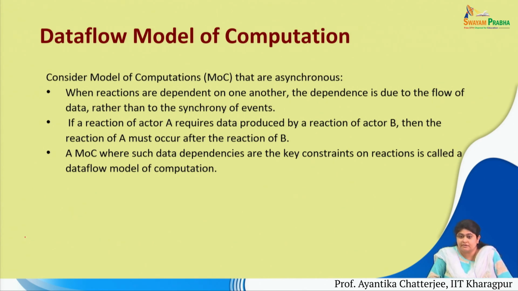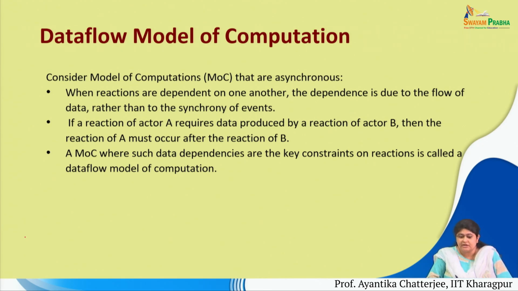Now, by dictionary meaning, we know that asynchronous means not in time, right? So why are the components asynchronous? There may be two main reasons. One, maybe there is no synchrony in the events. Another is that the reactions of multiple subcomponents are dependent in terms of data flow.